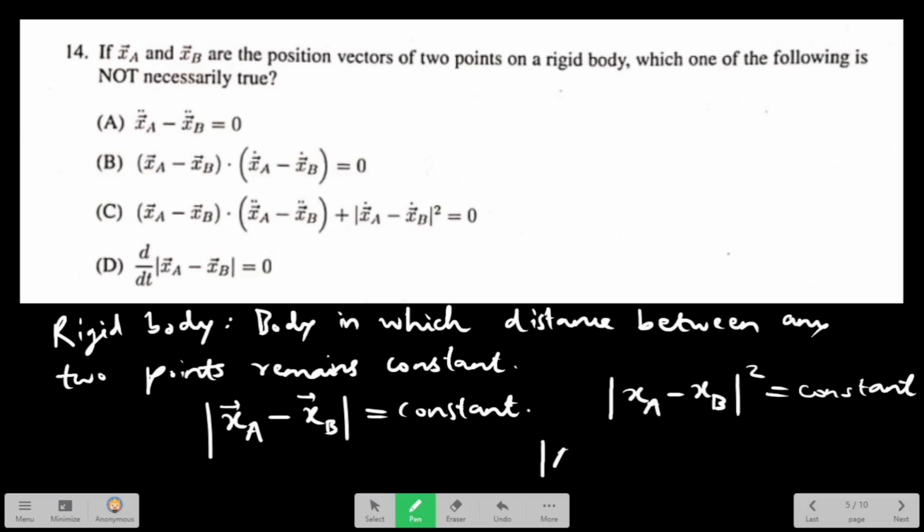You also know that modulus of a square can be written as a dot a. Vector a dot vector a is equal to modulus of a square.